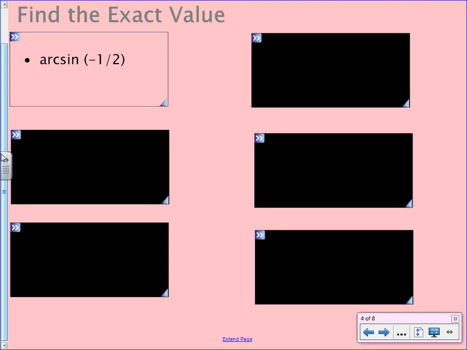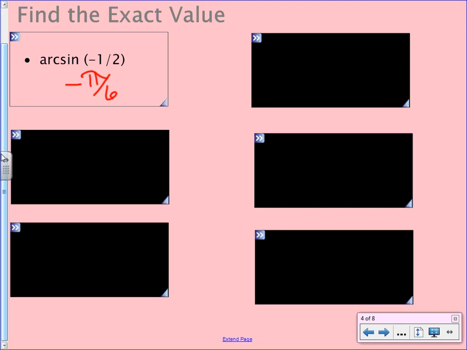Pi over 6. Well, in the first quadrant, a positive 1/2 would be pi over 6. So if we want to go to the fourth quadrant for the negative 1/2, we would say negative pi over 6.